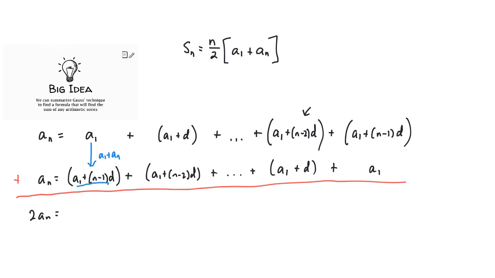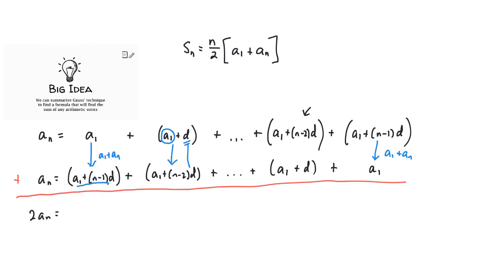And if I do it with the last pair, well, that's obvious again. That's a1 plus an. But what about with the second pair? Is it clear there that this is going to be the same thing? Well, look at it. You'll have an a1 here, right? And then you'll have an a1 plus n minus 2 d plus an additional d. That additional d will combine with the n minus 2 d to produce n minus 1 d.